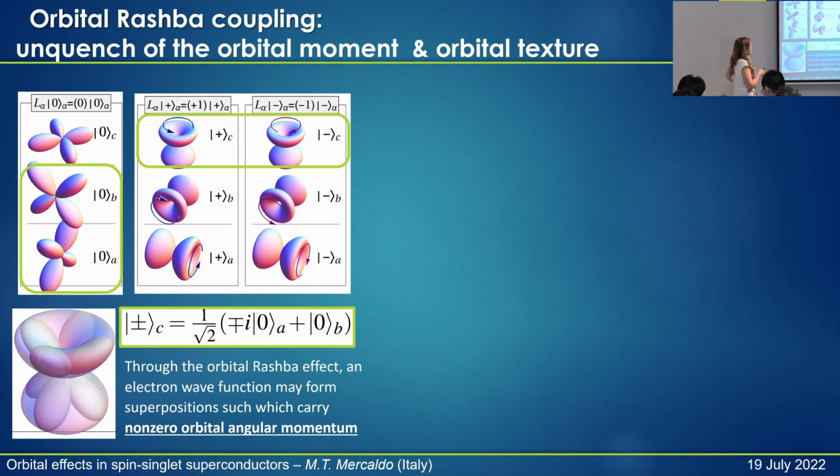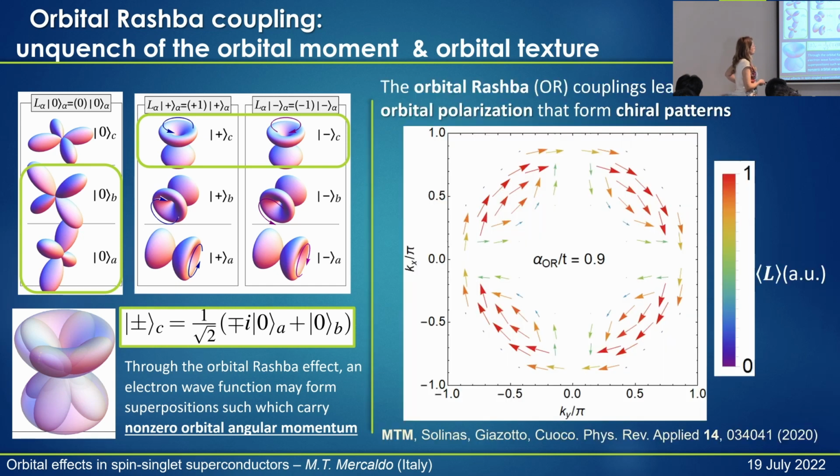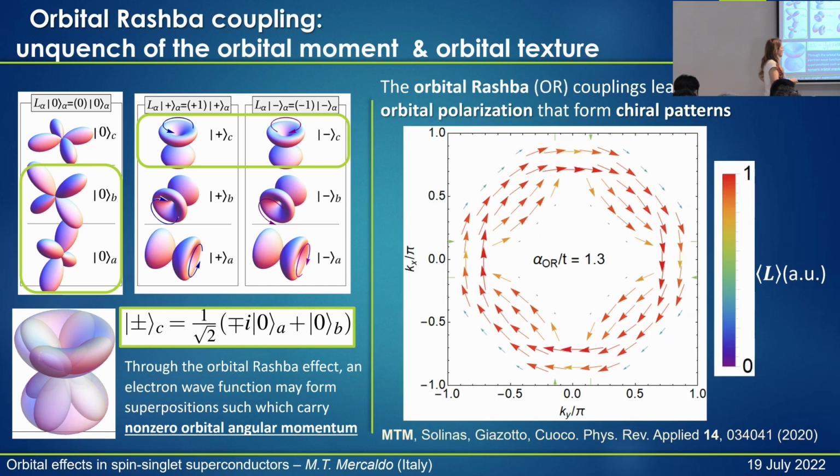I'm using this arrow circulating this way for +1, and circulating the other way for -1. So actually, also in a superconductor, we have this orbital polarization.